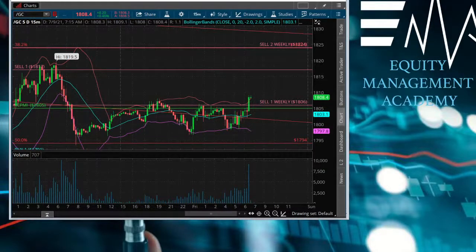The prices, excuse me for that, we had a little bit of internet problems here. As I was saying, the prices will adjust to their mean, and I think the metals are in the process of adjusting to the mean.